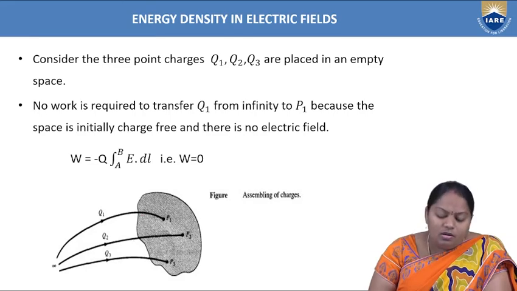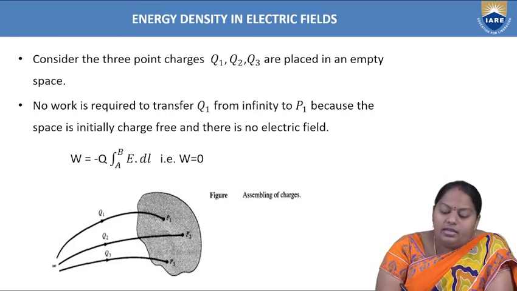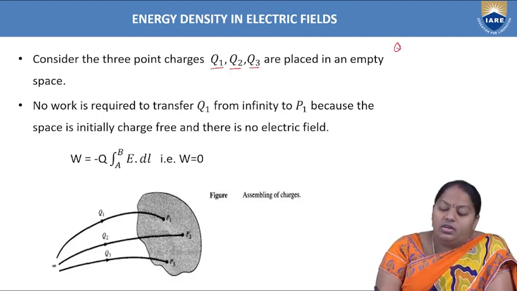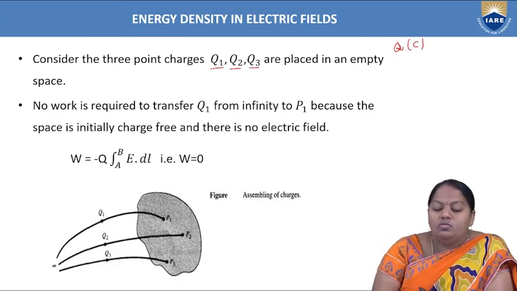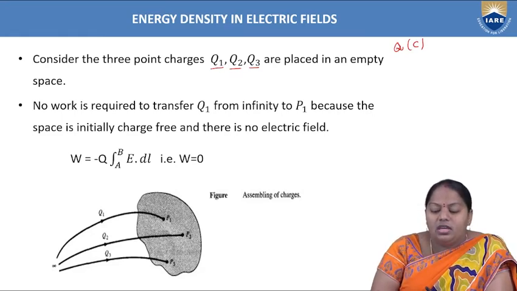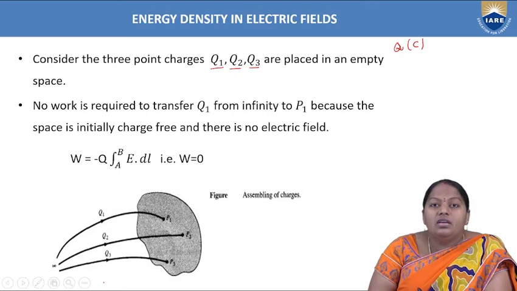So in order to assemble all these charges in the shaded region, consider as an example 3 point charges, denoted with Q1, Q2, Q3. Generally, a point charge is denoted with the notation Q, and it is measured in coulombs. So consider the 3 point charges Q1, Q2, Q3 placed in an empty space. Initially, this region is empty space.